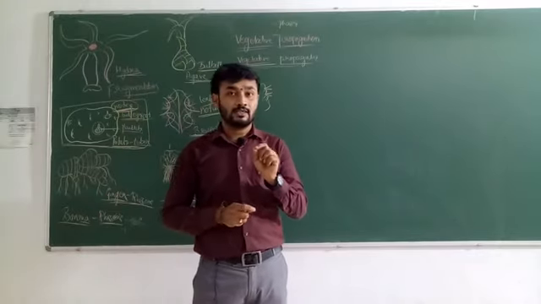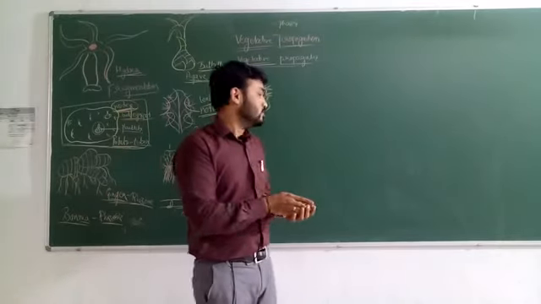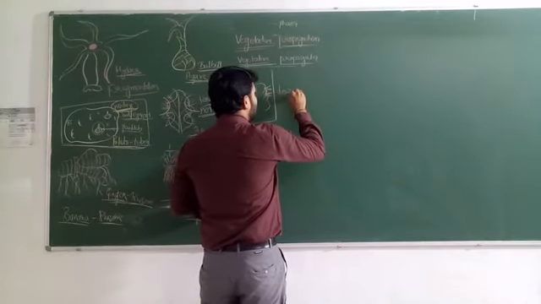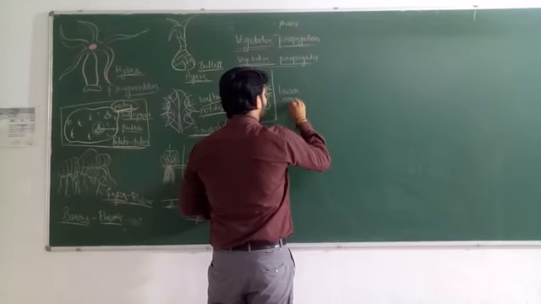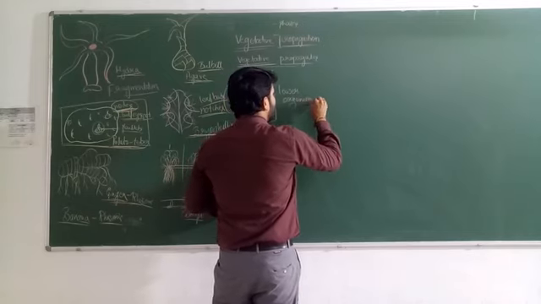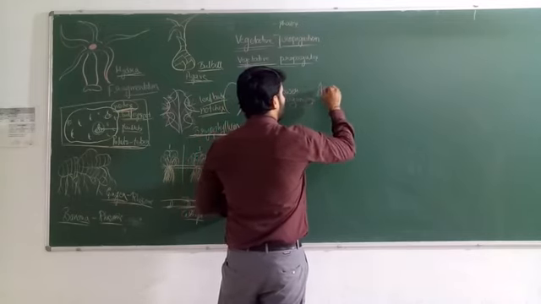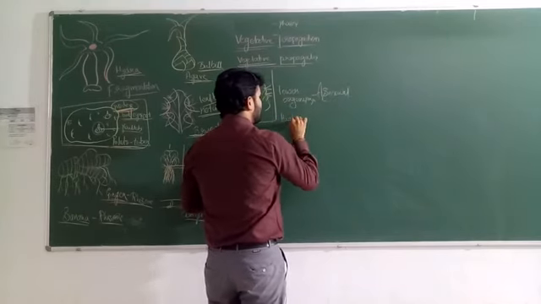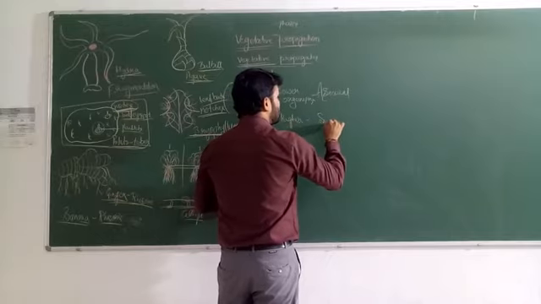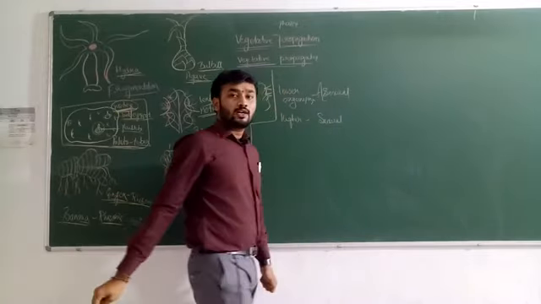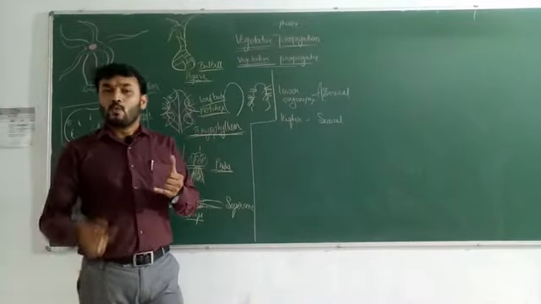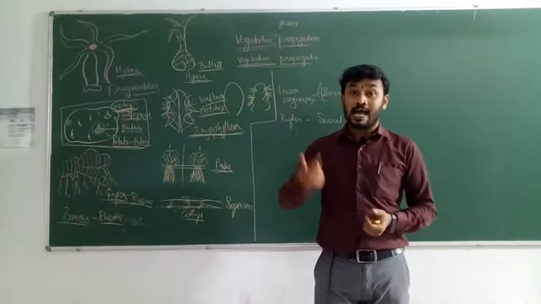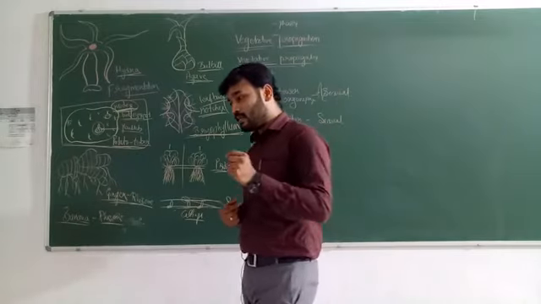Very important, my dear children: in the lower organisms we can see the asexual mode of reproduction, whereas in the higher organisms we can see the sexual mode. The question arises, why is the asexual mode present only in lower organisms, and not in higher organisms?